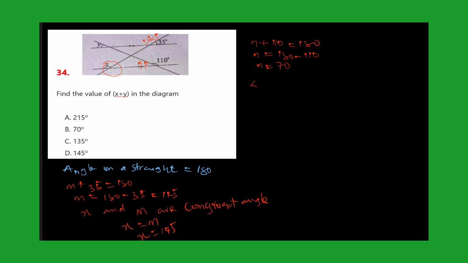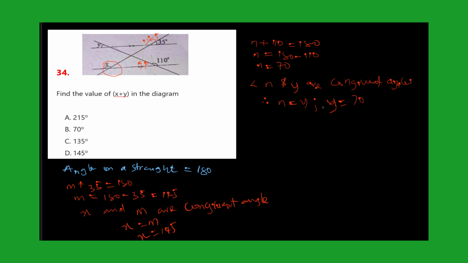Angle N and Y are congruent angles. You can search for the meaning of congruent angle. Therefore, N equals Y, which will be equal to 70.